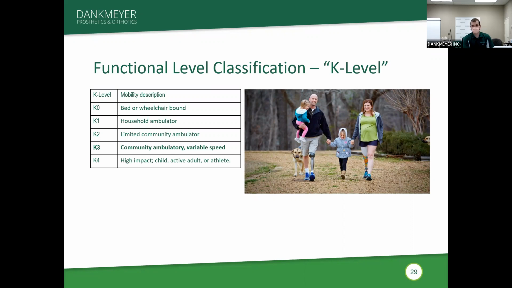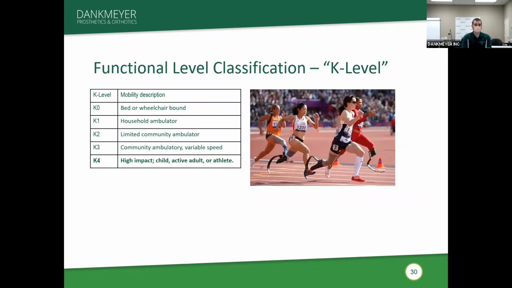They're able to traverse stairs, hills, ramps. They can tackle any barrier that they might encounter during the day. And then functional level 4 is reserved for really high impact cases, child athletes, really active adults.